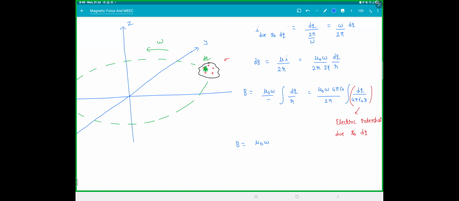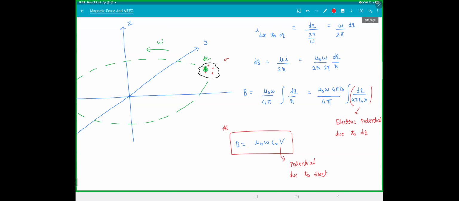So that would be 4 pi. 4 pi cancels off: mu naught omega epsilon naught V. That's your formula, everyone. Pretty good result. V is the potential due to the sheet at center. That means if I know the electric potential, I can find the magnetic field in case something is rotating.